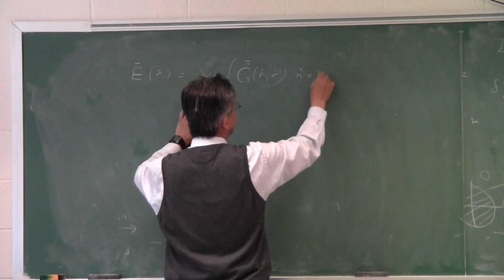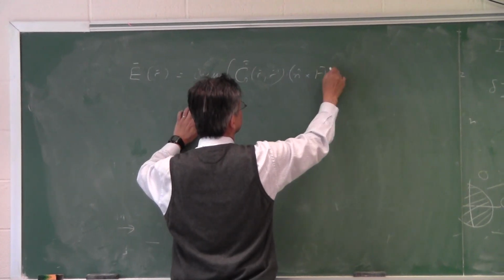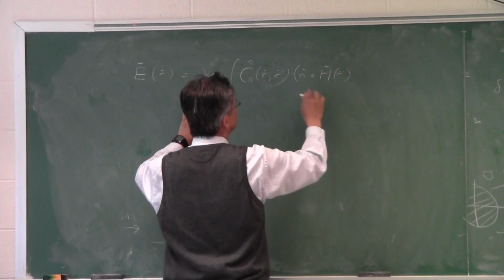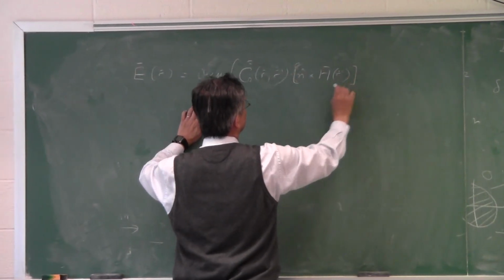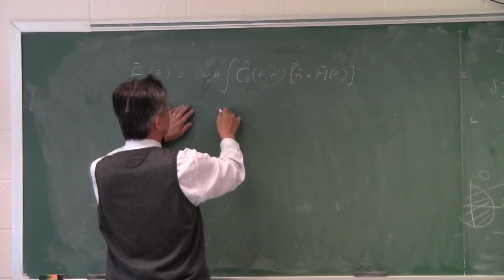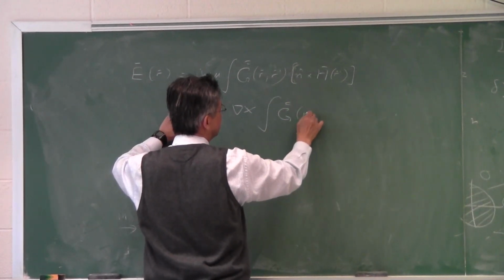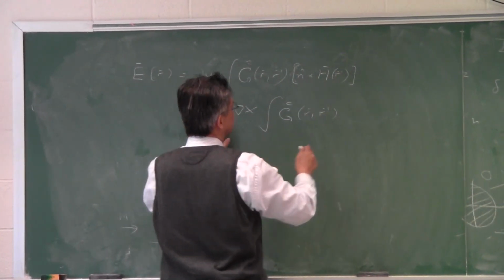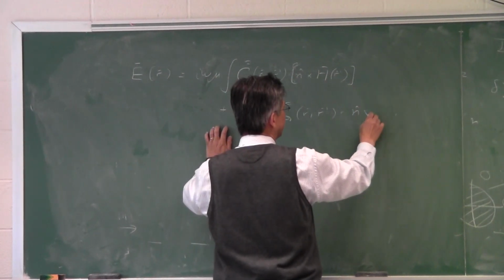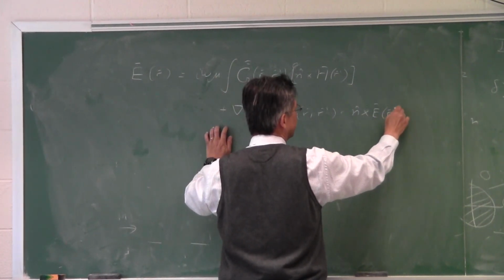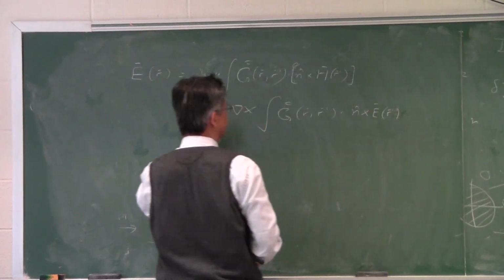This was n cross H R prime. And then you would have something like curl cross G R prime. And then maybe n cross E or something like that, according to what I have in my book.